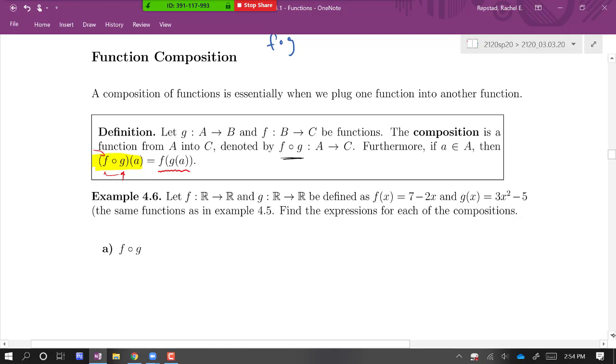If we're going to find f of g, I'm going to find f of g of x. First I'm going to replace this g of x with the expression for g of x, which is 3x squared minus 5. So I want f of 3x squared minus 5. The f function says take 7 and subtract 2 times the input.